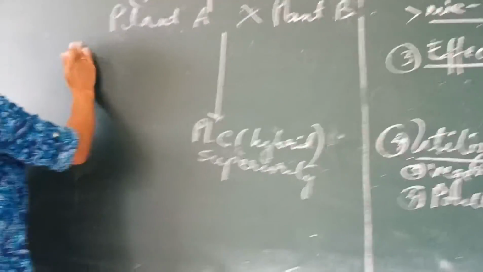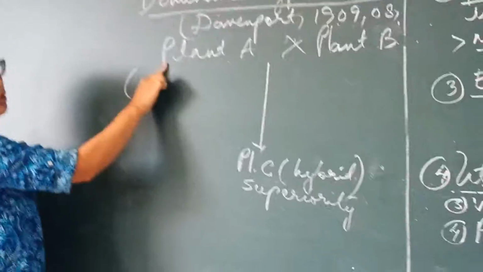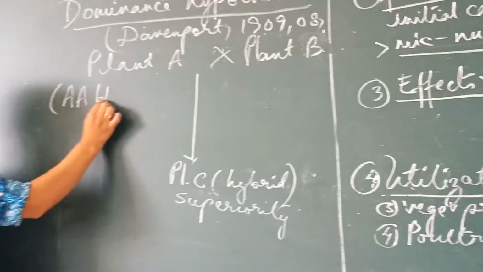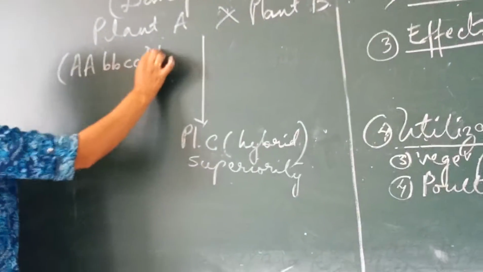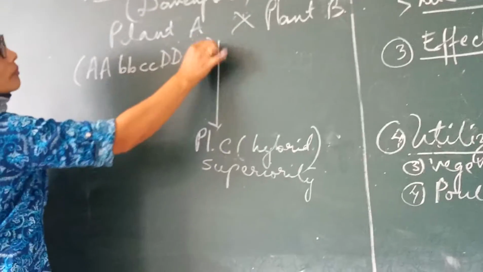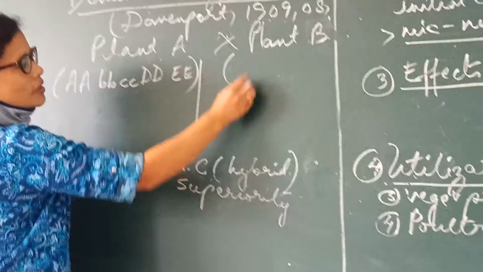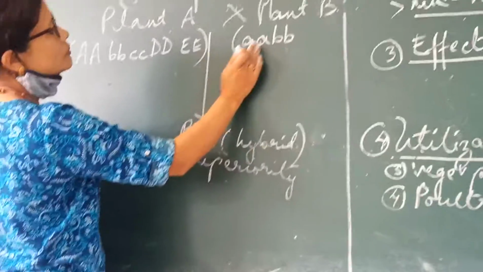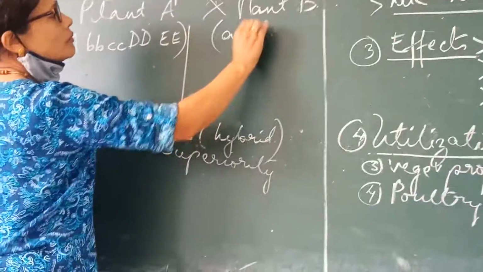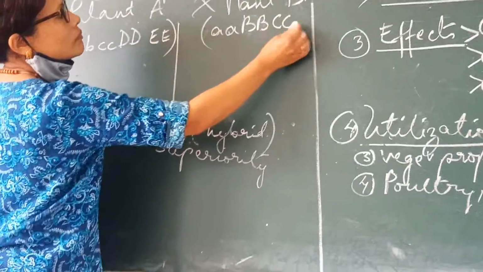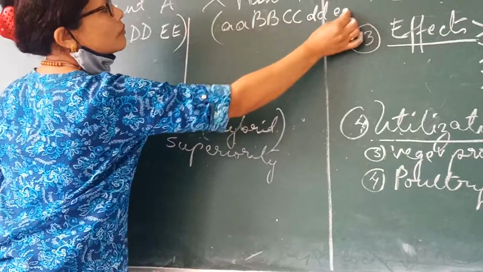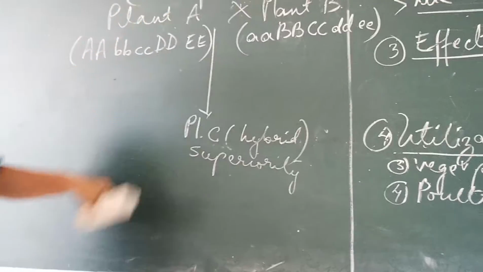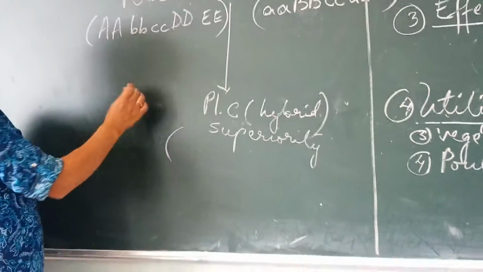For example, if the genotypic constitution of this plant is like this, and the genetic constitution of this plant is like this, then according to the dominance hypothesis, what did he say? Plant C will receive all the dominant genes.